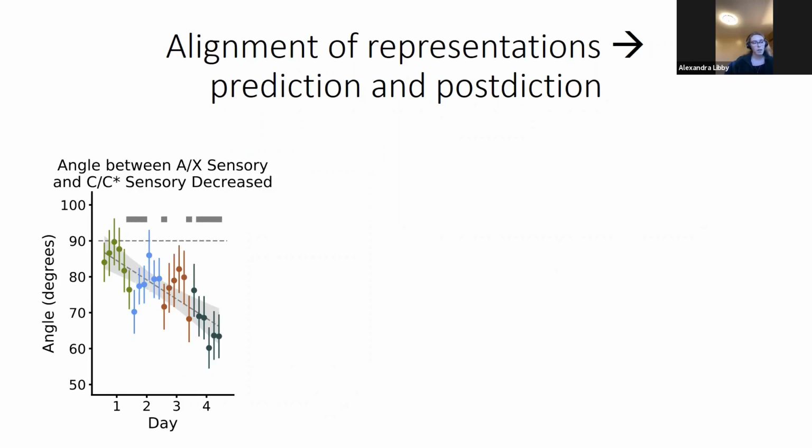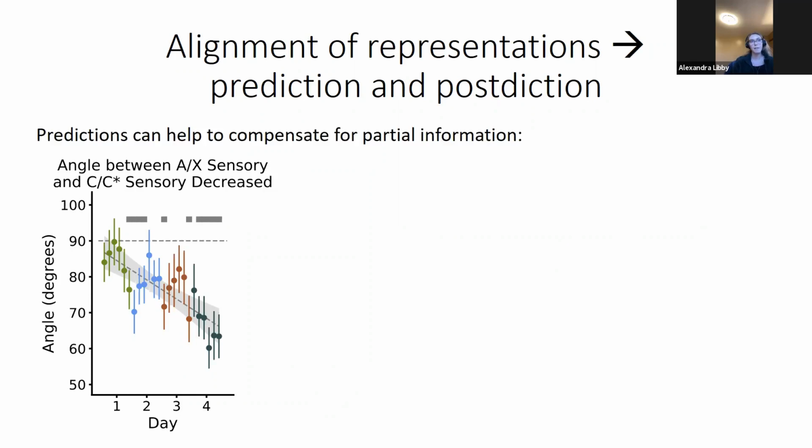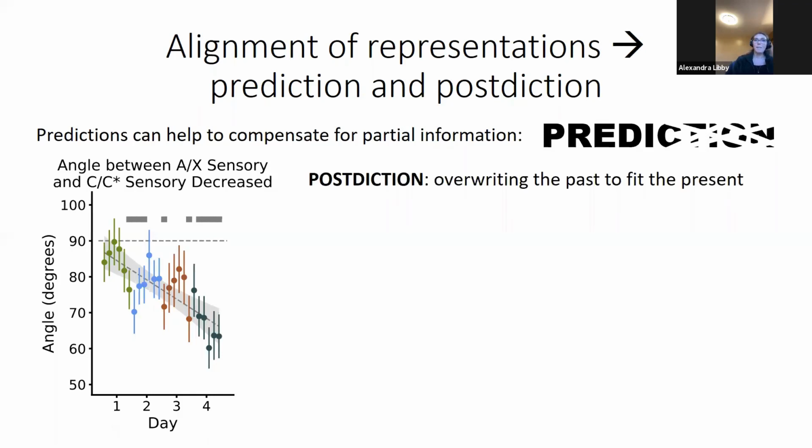And as you can tell, the angle between these two axes decreased over time. And this led to a prediction, which is really helpful because predictions can compensate for partial information and let you predict the future. And it also led to a postdiction, or an overwriting of the past to fit the present.